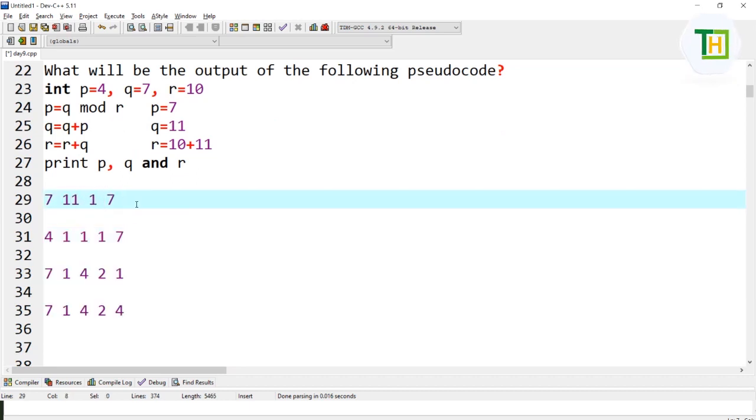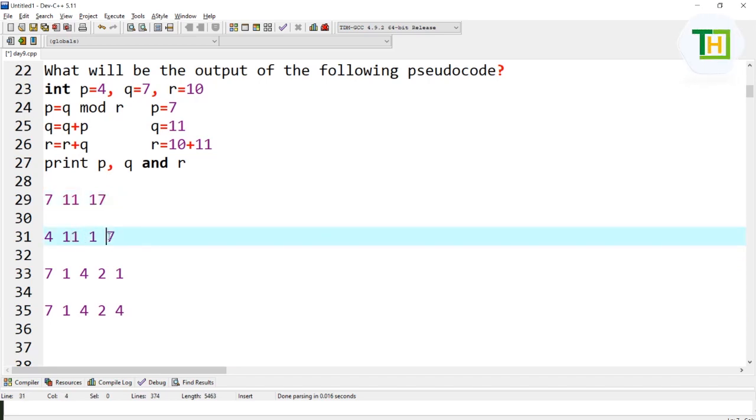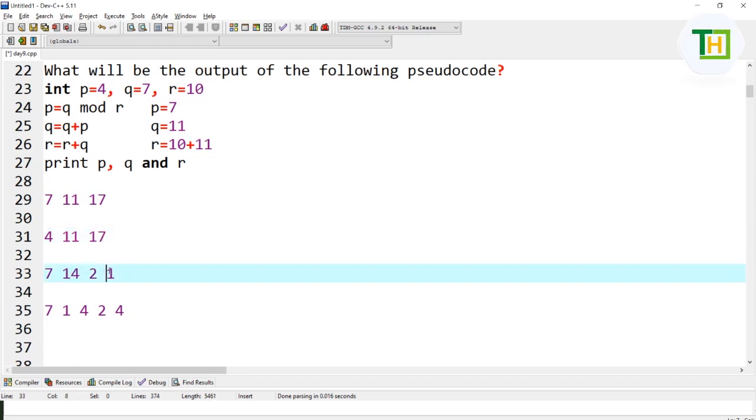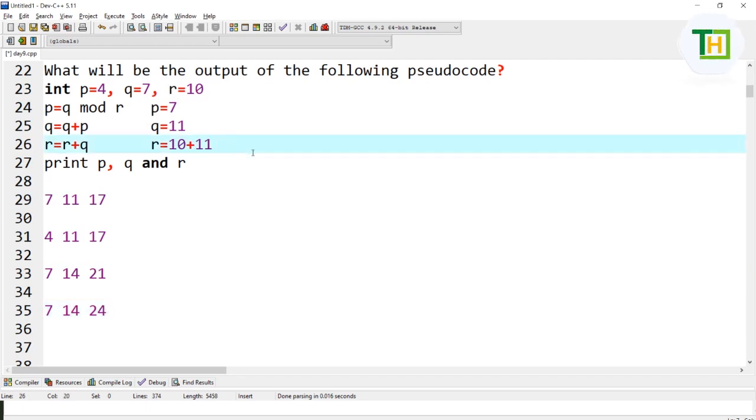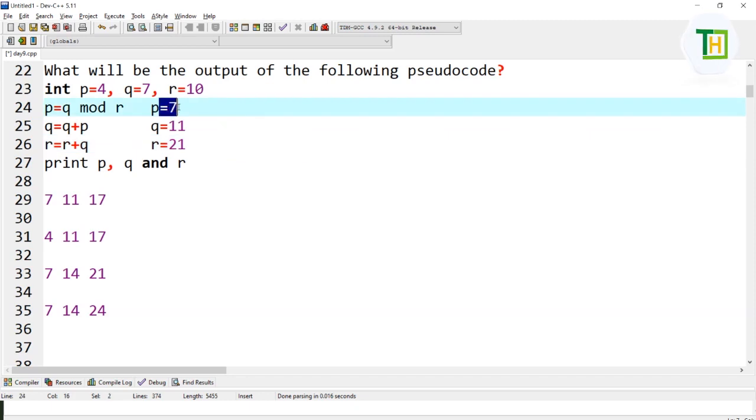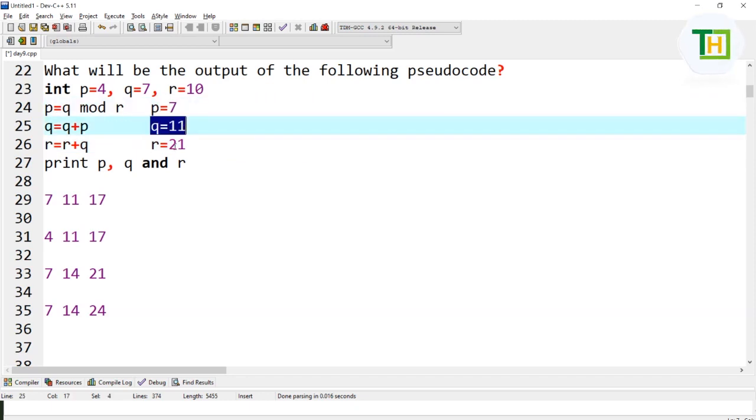I think this is 11 and 17, this is 14 and 21, and this is 14 and 24. And here it is going to be 21. Then the answer is P is 7, 7, 11, 21.